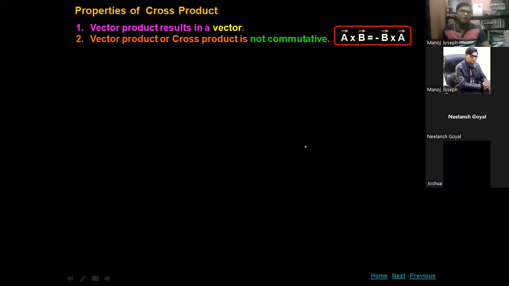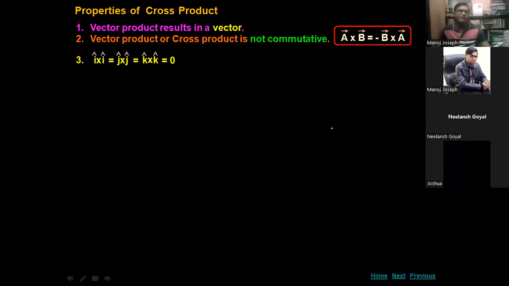It means the cross product of vector A and B is not equal to the cross product of vector B and vector A. On the left-hand side, vector A cross vector B means vector A is being rotated towards vector B. But on the right-hand side, vector B is being rotated towards vector A. So it is not commutative, it is negative.